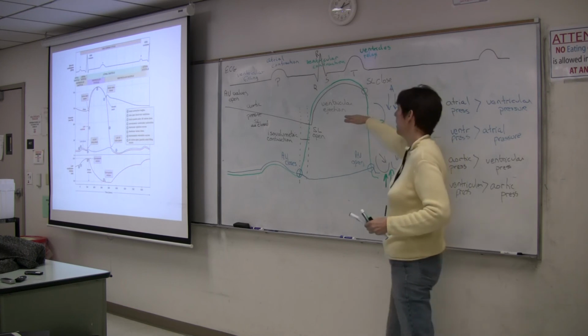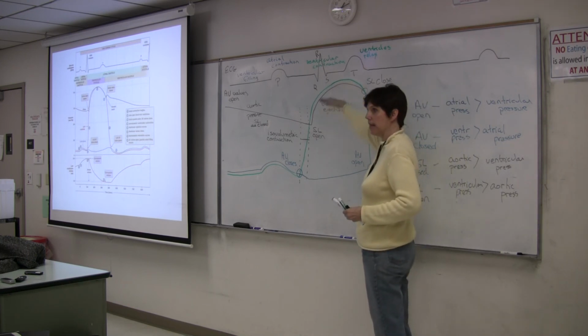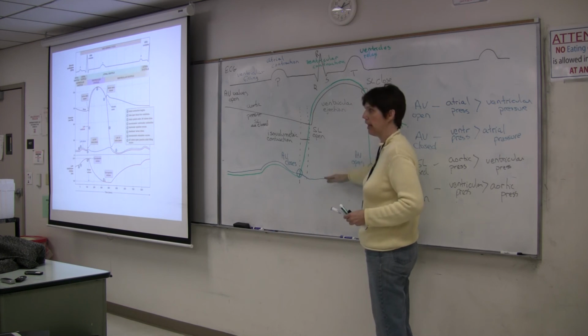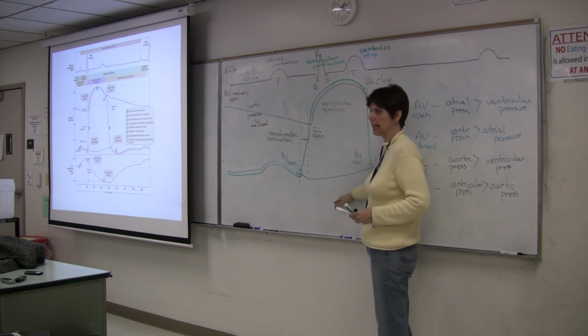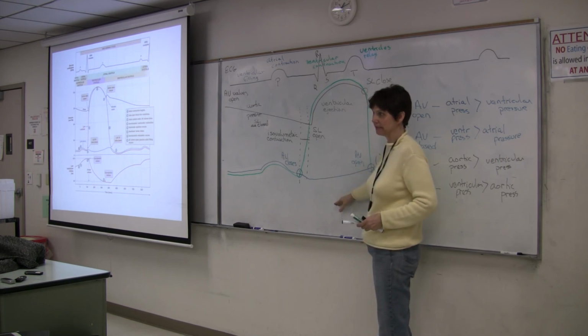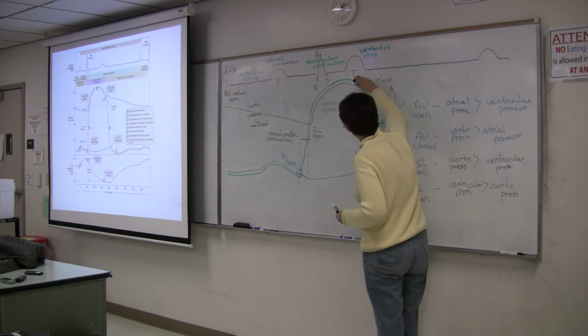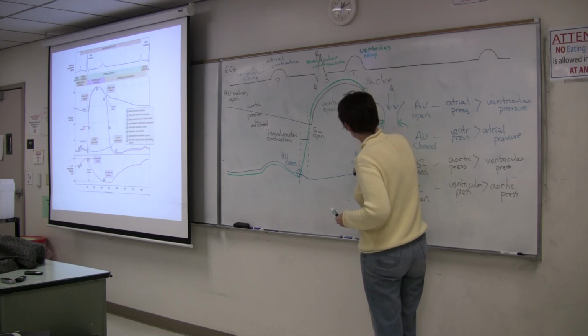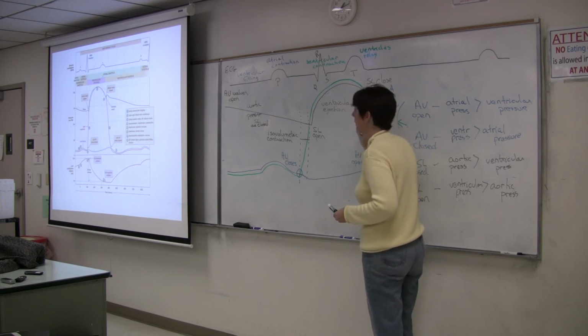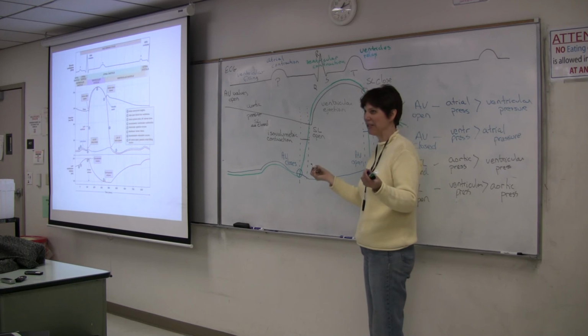Okay, so you notice semilunar valves are the relationship between the ventricles and the aorta. Atrioventricular valves are the relationship between ventricles and the atria. So for this period of time, as soon as the semilunar valves closed and before the AV valves open, we are again in a period of no volume change.